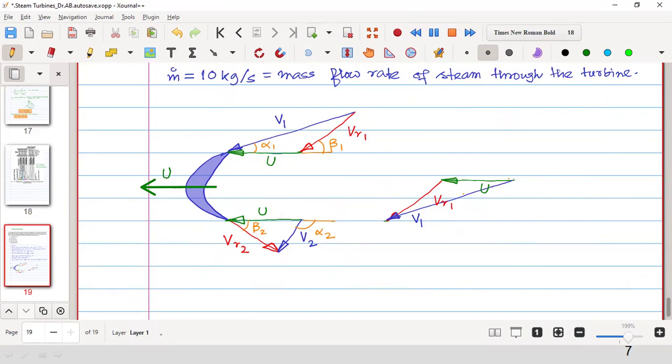So from this VR2, VR2 here, and therefore V2 will be simply this one. This will be simply V2. So this is V2.